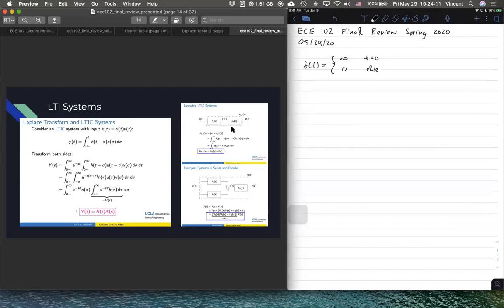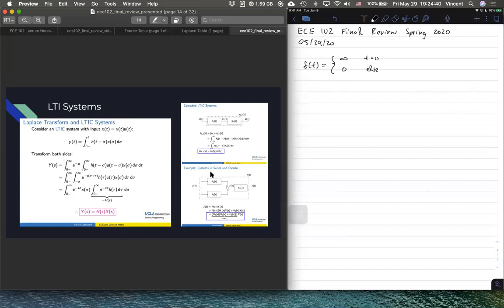If you have two systems in cascade with each other, or in series, then the overall transfer function that describes both of them is simply the product of the two. So you can just say Z of s equals H1 of s times H2 of s times the input X of s.